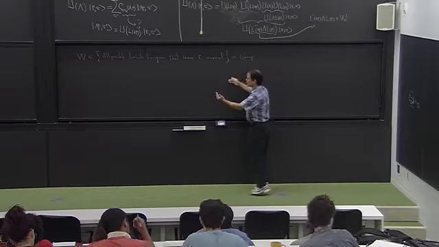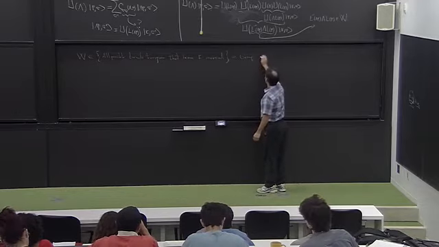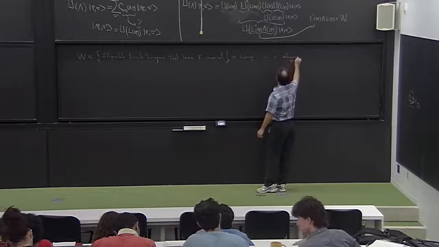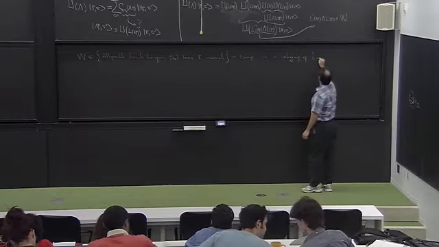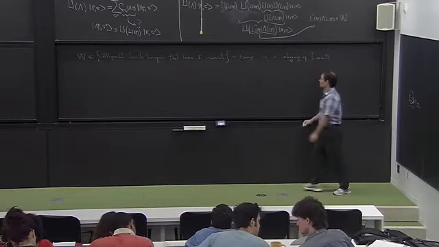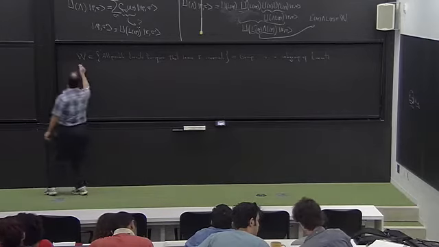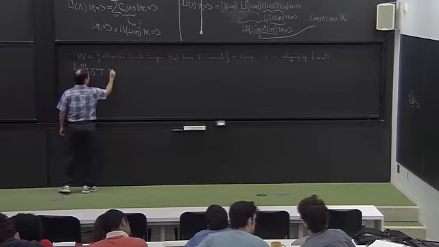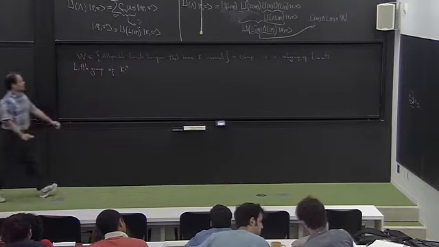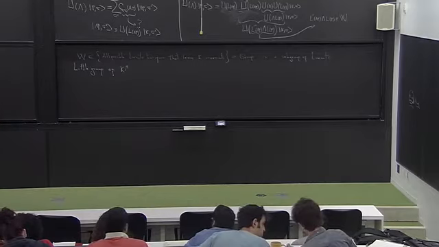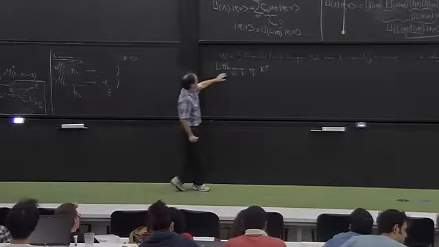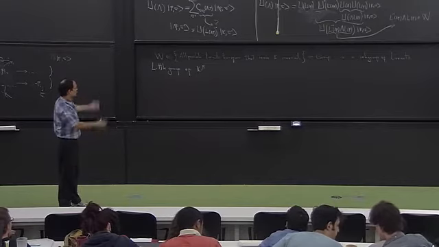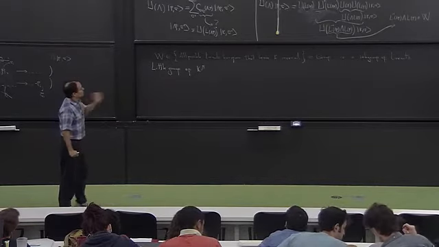But of course, it's a subgroup of the Lorentz group. So this group is a subgroup of Lorentz. And it has a name. It's called the little group of K. In fancier mathematical terminology, it's called the stabilizer of K. It's a subgroup of things that do nothing to K. Okay? Now, why is this great?